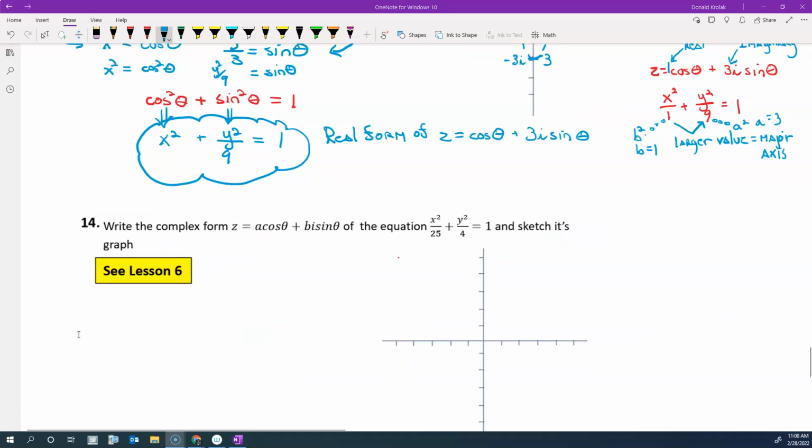On the second part, guys, we're using the Pythagorean identity again: cosine squared theta plus sine squared theta equals 1.